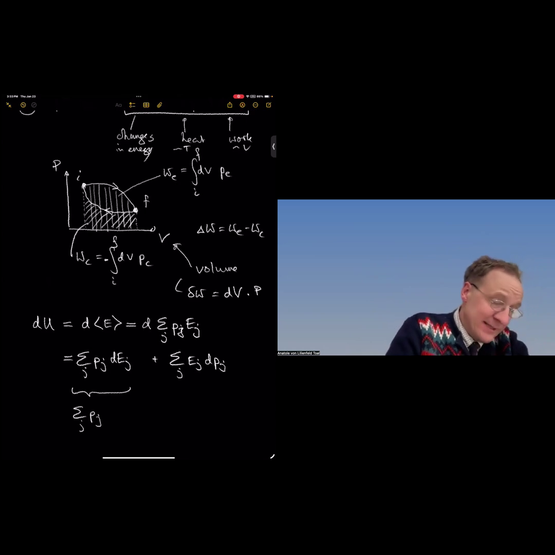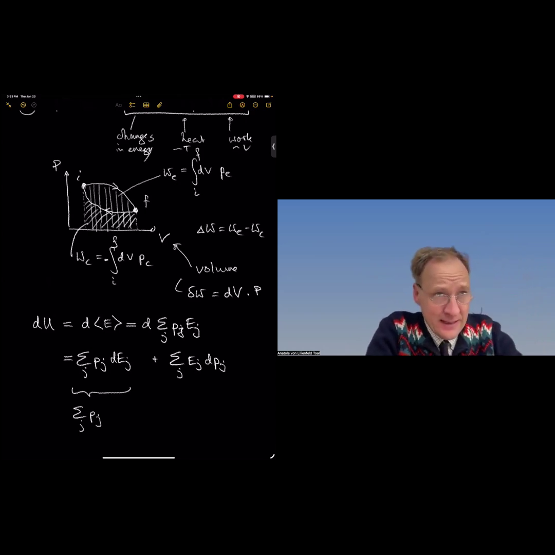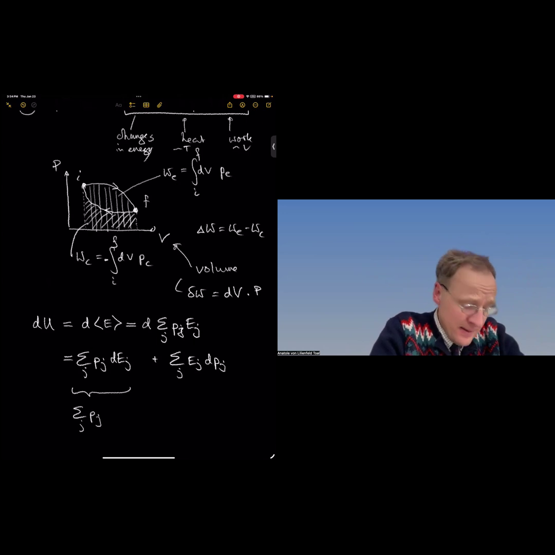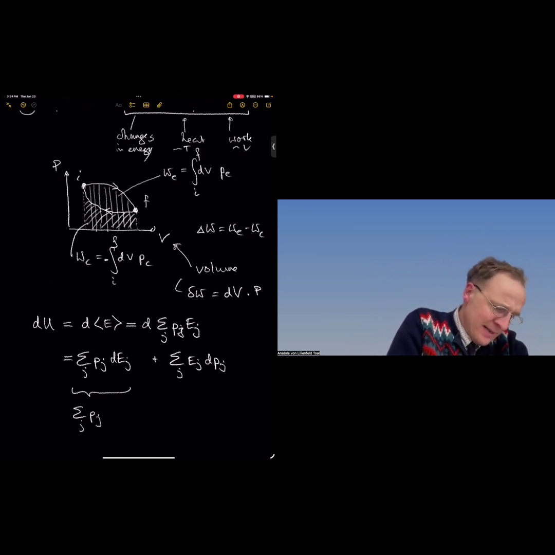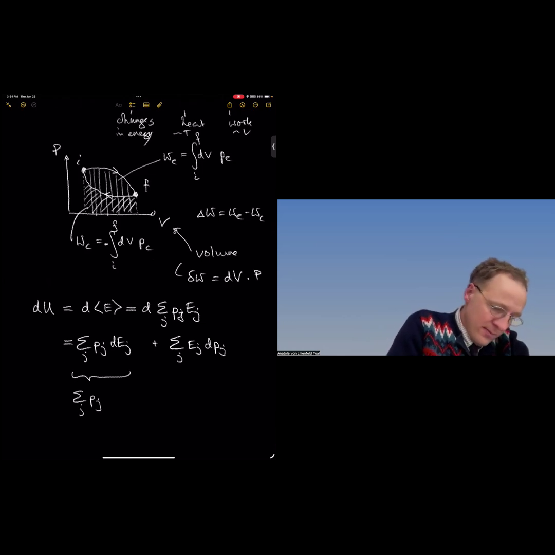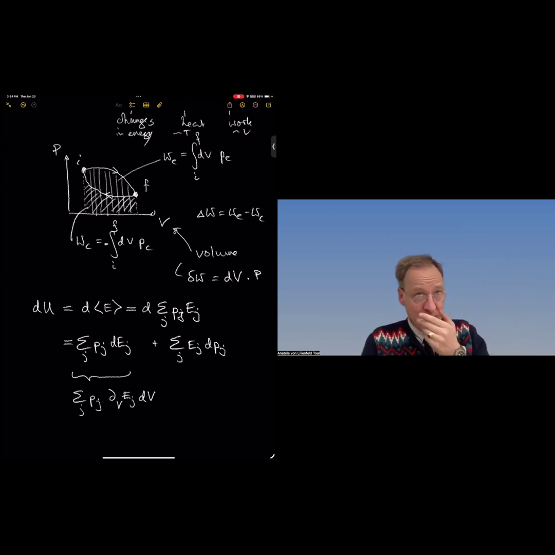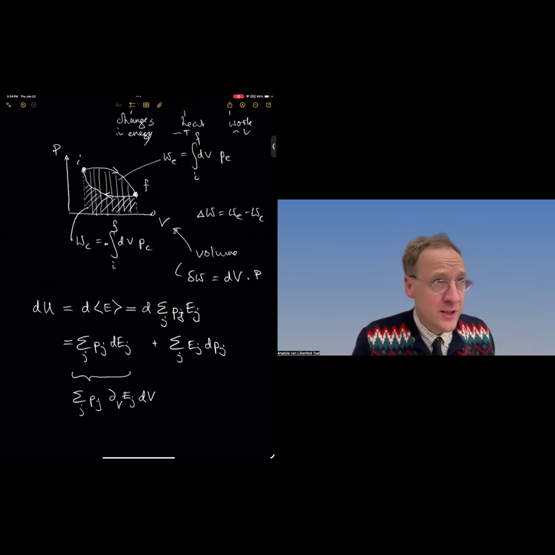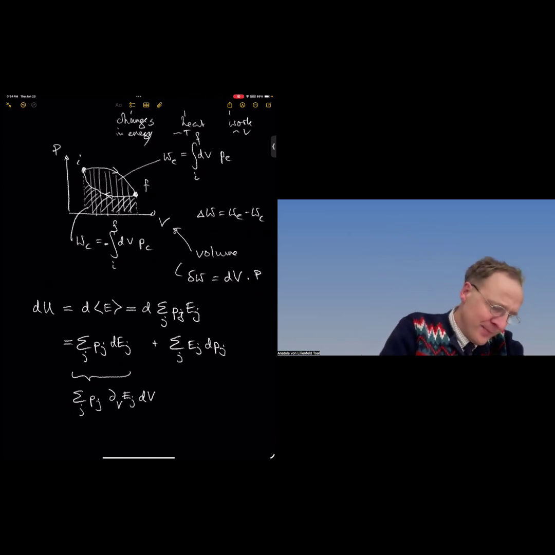And my dEj, I can expand by virtue of a differential where I say this is my derivative with respect to volume times dV. Now I basically changed my variable, right?